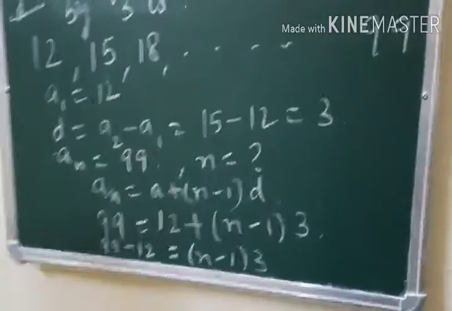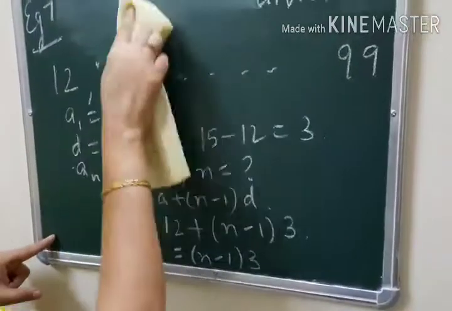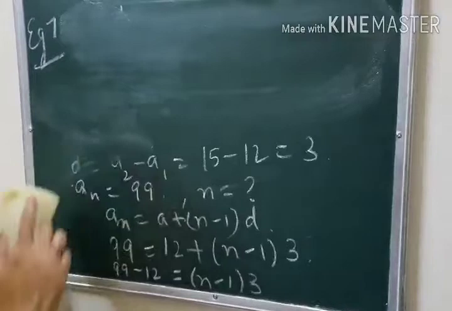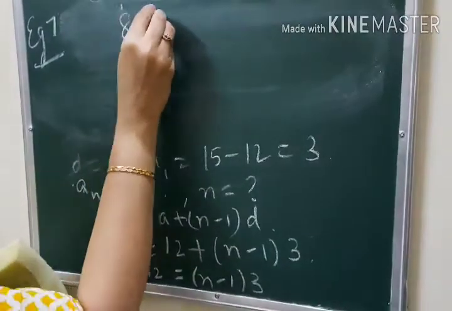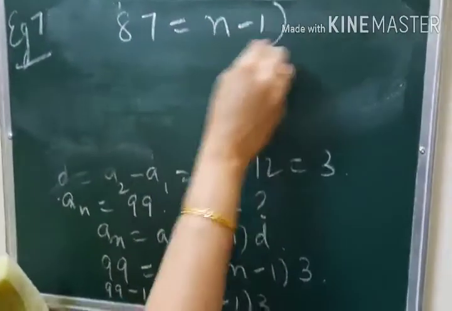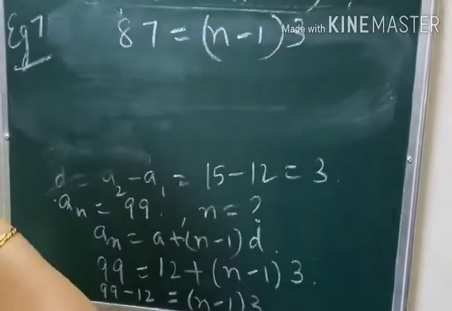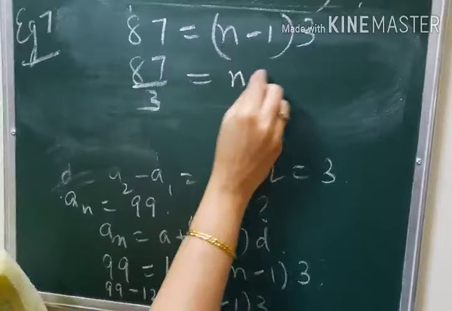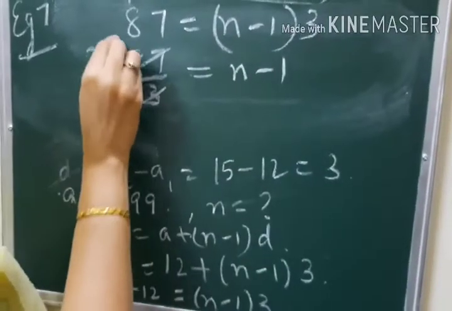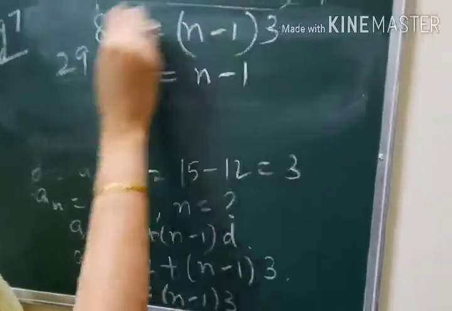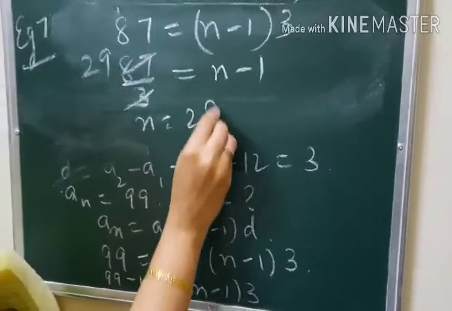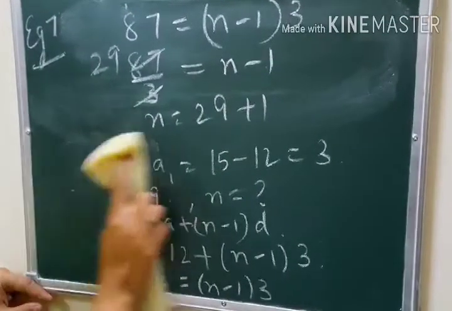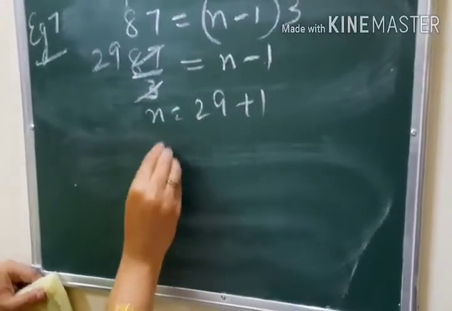Solve it. 99 minus 12 is 87. Now again 3 is multiplied here, so when you shift it to this place, it will be divided. 87 divided by 3 is 29. Now minus 1 will go here, it will become plus 1. So N is 30.